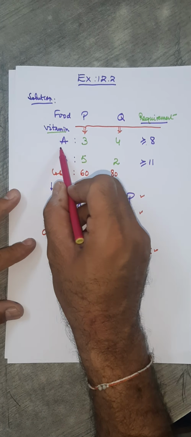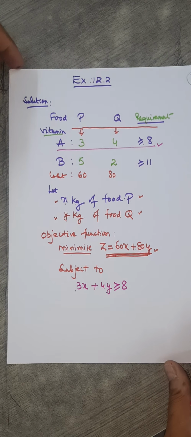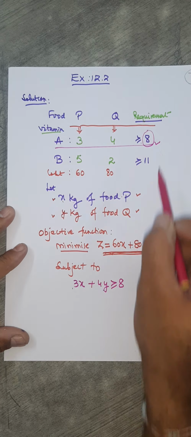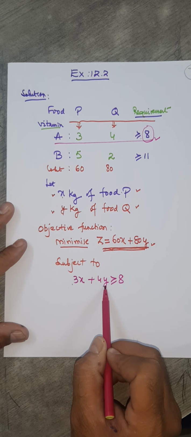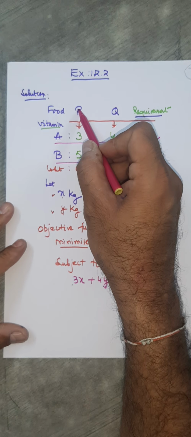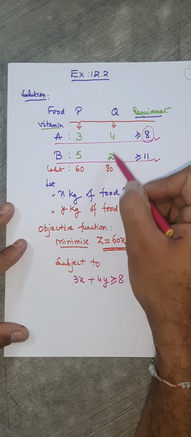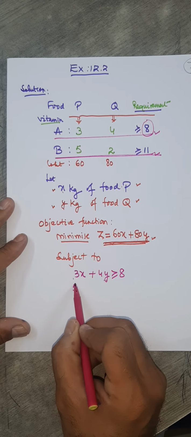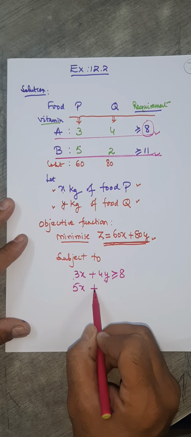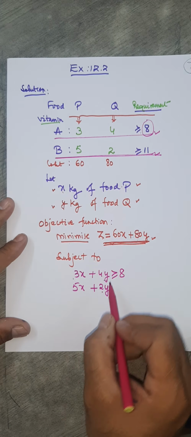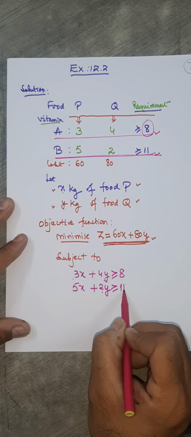Remember, this constraint is for vitamin A. Minimum 8 units should be used. And in the same way for vitamin B, x units for food P, y units for food Q, so we have 5x plus 2y. This is total vitamin B, and minimum should be 8, so greater than or equal to 8.